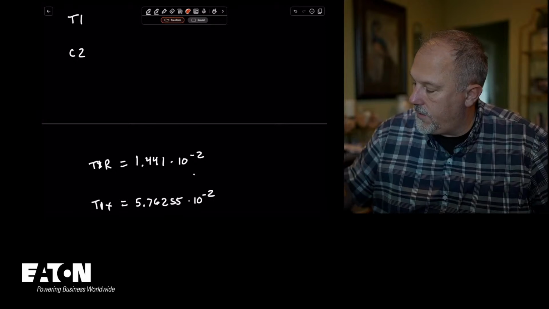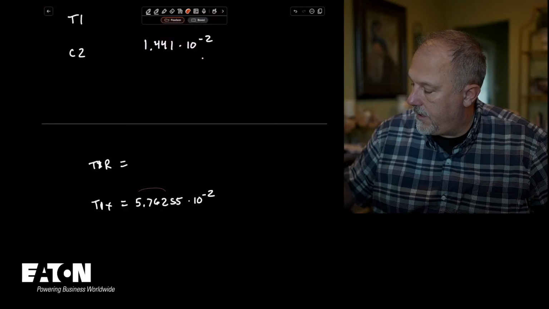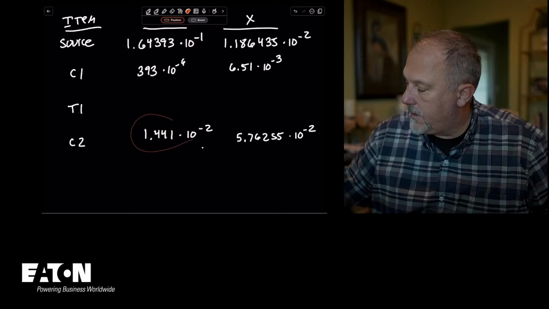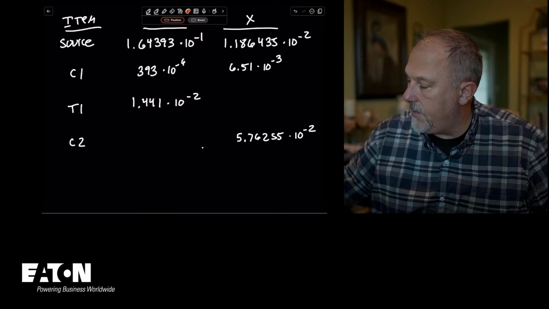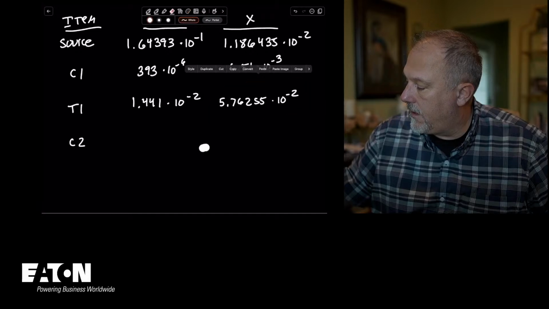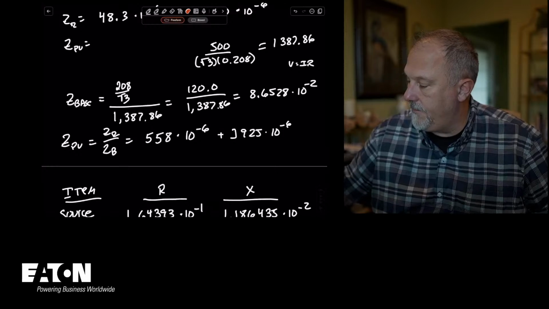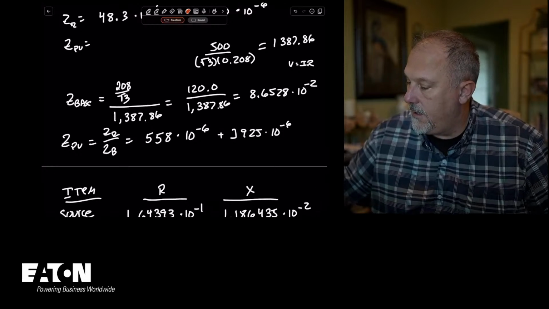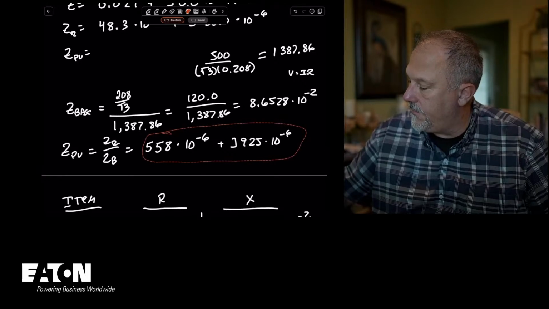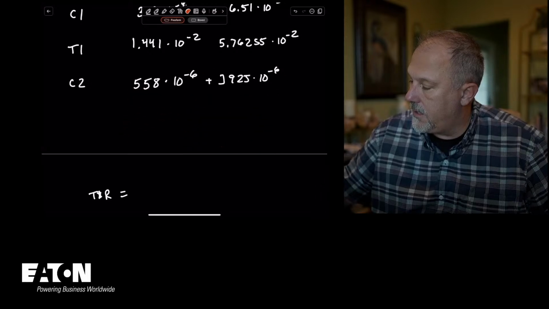Okay, so this is R and this is X. So let's bring these up that way. And then we have C2, which we just did, which is, I think, this right here. Yep, there is C2. Copy. Paste.